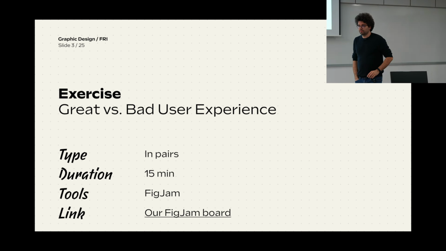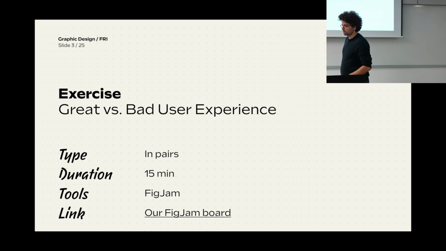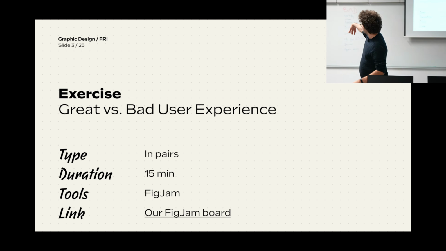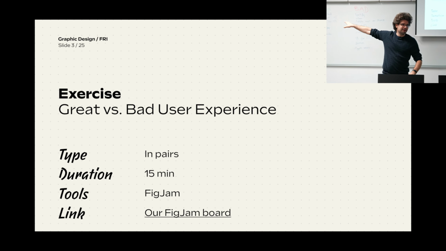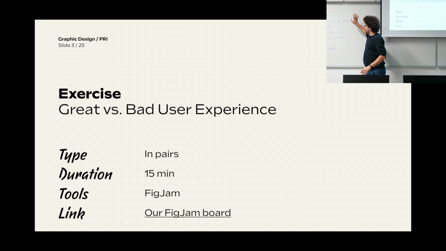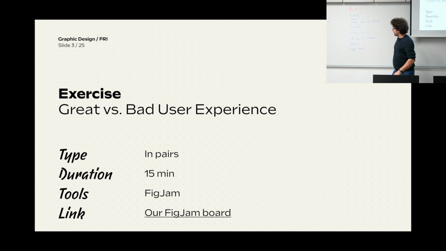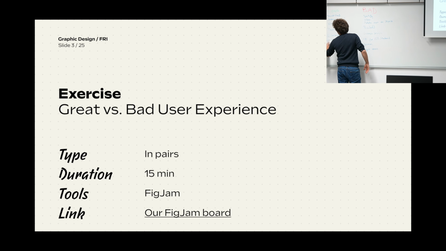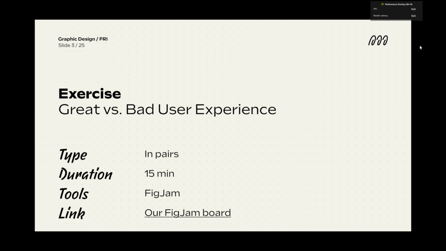During the last session, we figured out we might want to discuss what kind of stuff you wrote, and we wrote some good and bad examples on this board. Maybe I'll just delete it first. Since there's 5 of you, maybe you can go into groups of 3 and 2 and discuss what kind of apps you're using and what kind of good versus bad user experience you have.